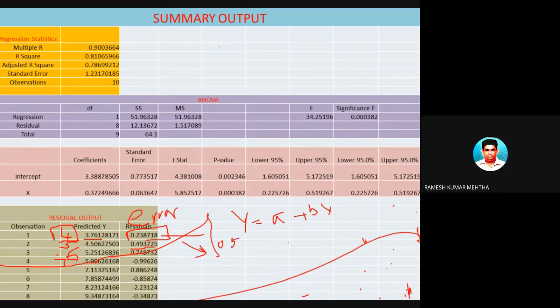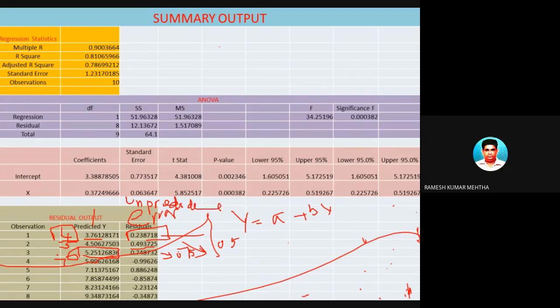In the third case, the actual mark was 6 and the number of marks which the model predicted was 5.25, and 0.75 is the error. This is the predicted, this is the unpredicted, or the error we call it.